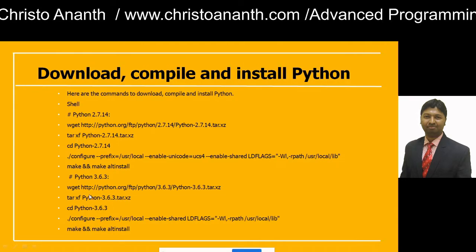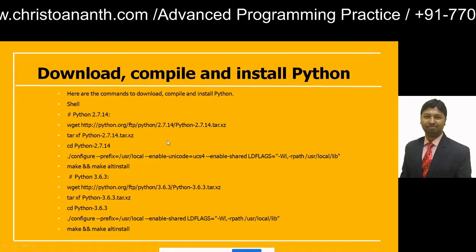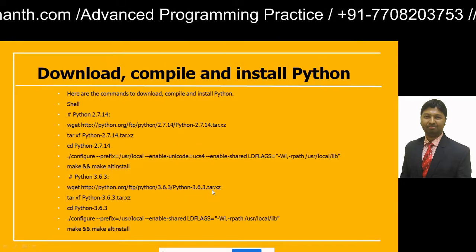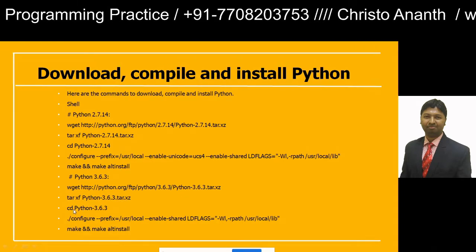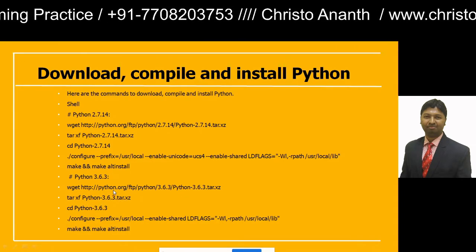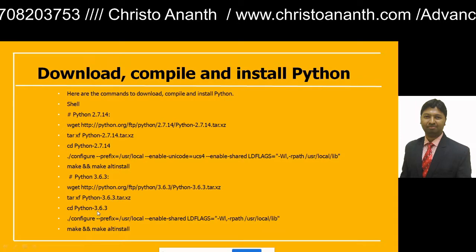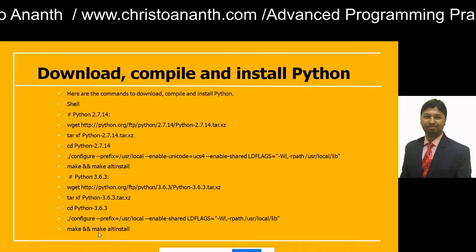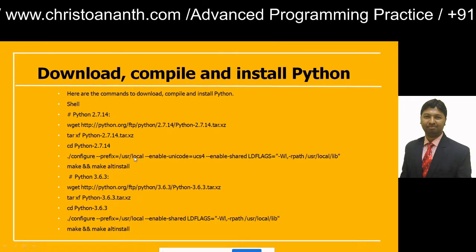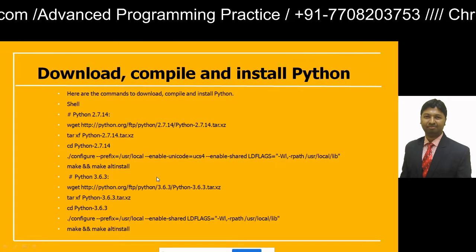Same thing: wget from the python.org ftp the version 3.6.3, Python-3.6.3.tar.xz. Similarly, you extract it, change the directory, and go with make, make altinstall. So this is how you download, compile, and install Python on the Linux platform.